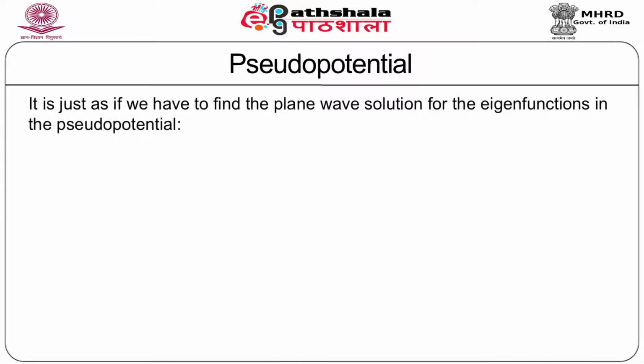This is just as if we have to find the plane wave solution for the eigenfunctions in a pseudopotential, which is given by gamma equal to u plus Vr.